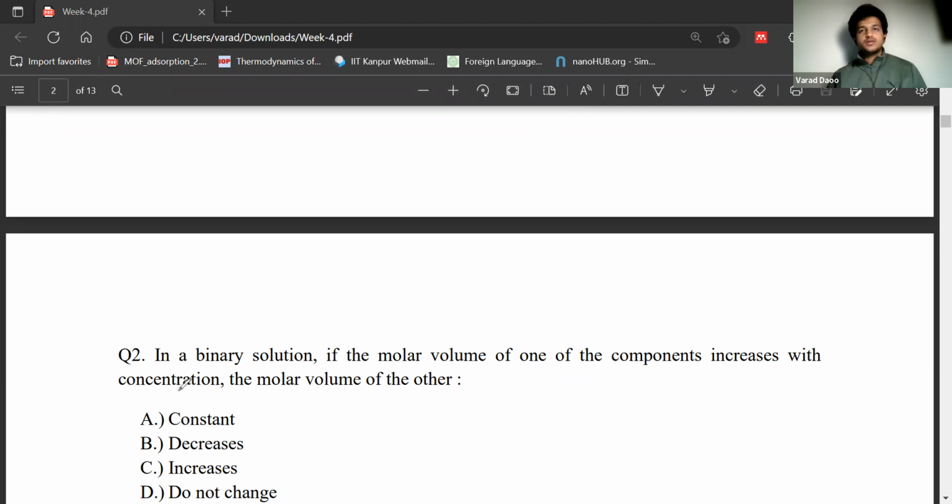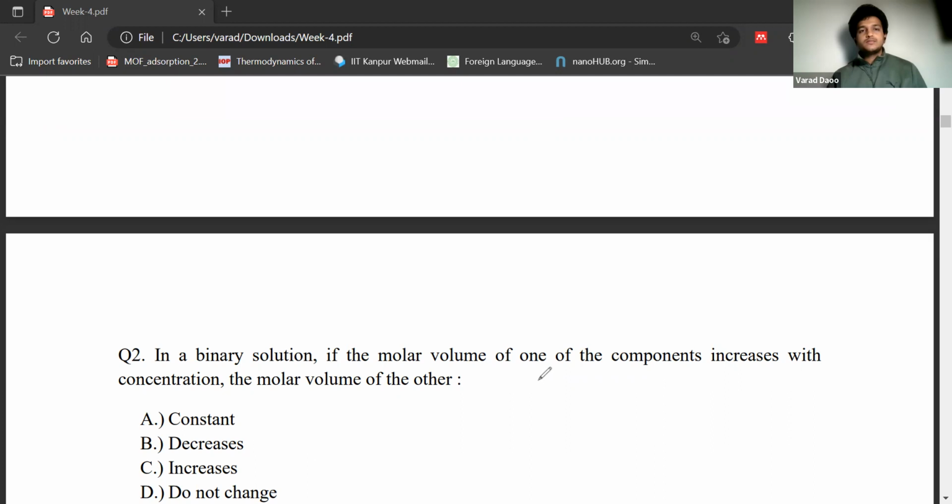Is anybody able to solve it? So anybody would like to answer?